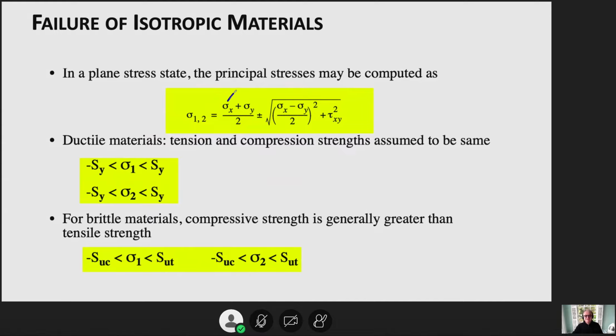So given the sigma x, sigma y, and tau xy, principal stresses have a very simple formulation. It says principal stresses are the average of sigma x and sigma y divided by 2, plus minus the square root of the difference of the stresses divided by 2, squared, plus tau xy squared.